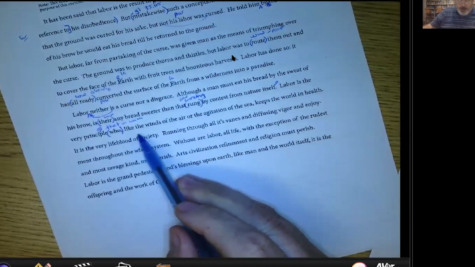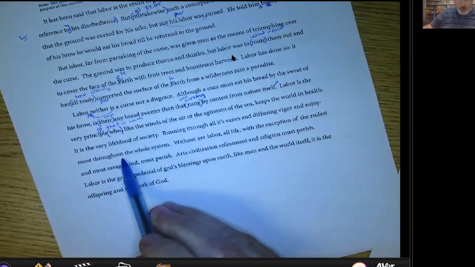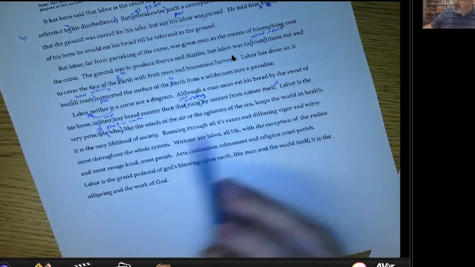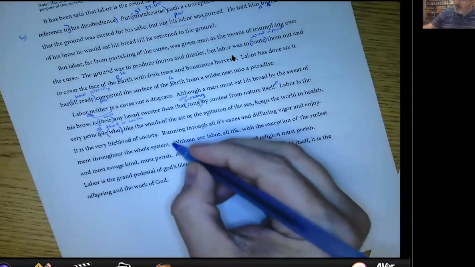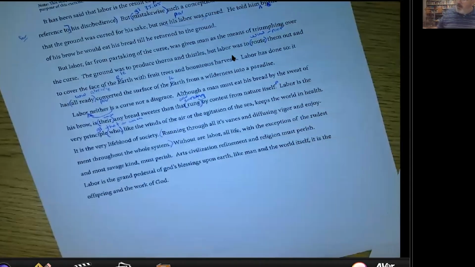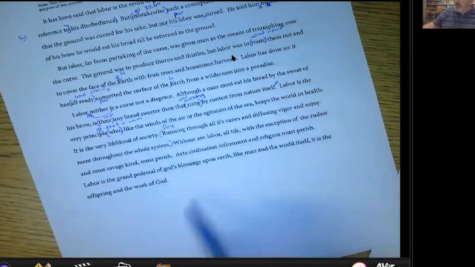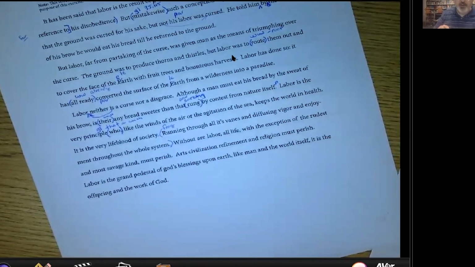Okay? Moving on. Like the winds of the air, the agitation of the sea keeps the world in health. It's the very lifeblood of society, running through all its veins and diffusing vigor and enjoyment through the whole system. Well, that's all a sentence fragment, isn't it? Because that's a dependent clause. You can't just say, running through all its veins and diffusing vigor and enjoyment throughout the whole system, and then walk away.